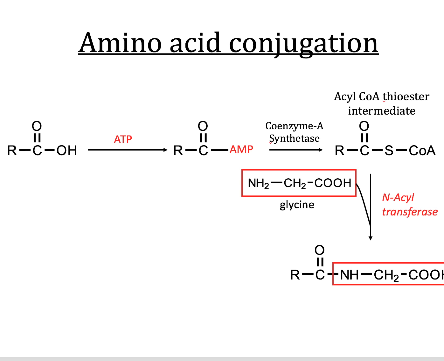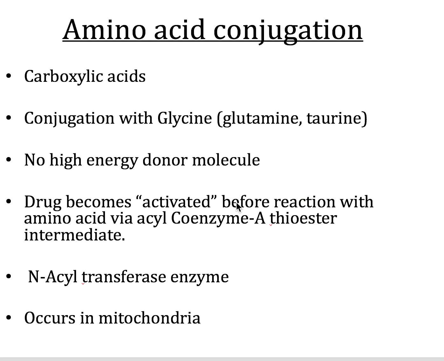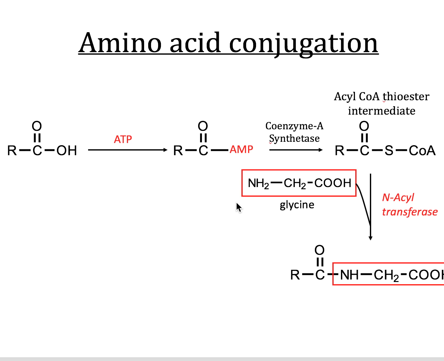The amino acid conjugation pathway is the whole thing. So first is ATP, and then you get to the coenzyme A synthetase, so that converts it into the acyl-CoA thioester intermediate. And then from there, glycine, glutamine, or taurine, one of these is added in the presence of N-acetyltransferase.